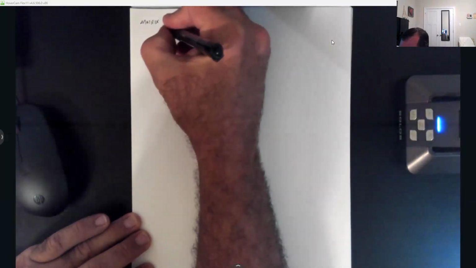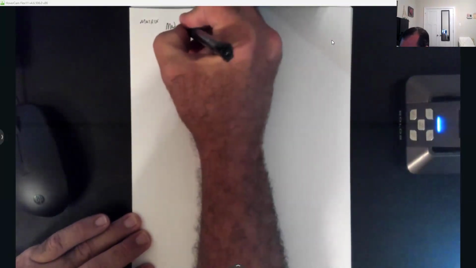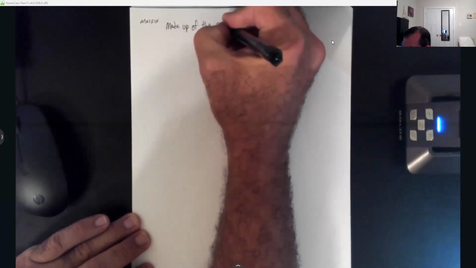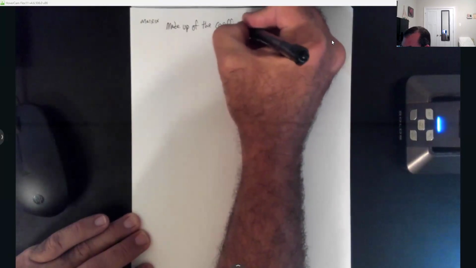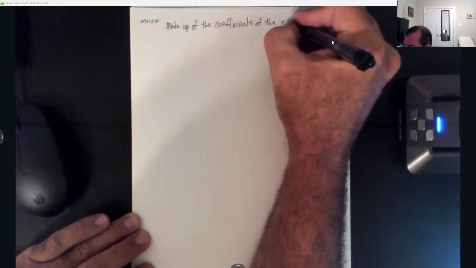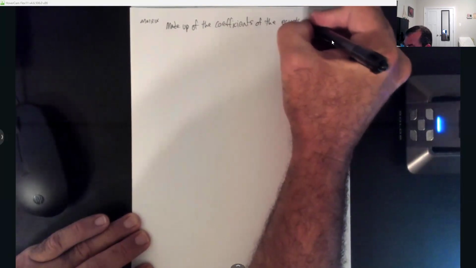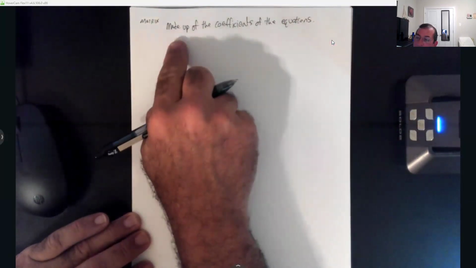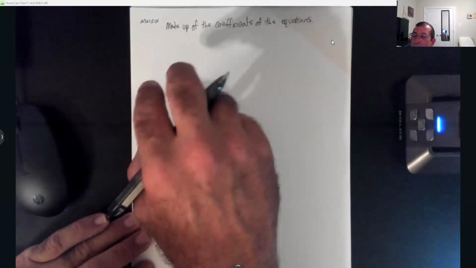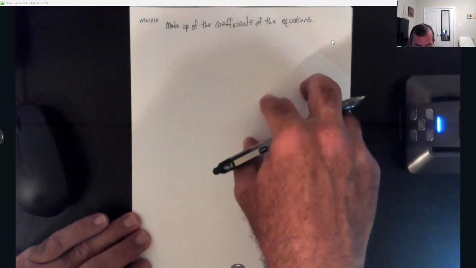So the matrix is made up of the coefficients of the equations. So remember, coefficients are just the numbers. When we do this on the calculator, we're just going to put the numbers.